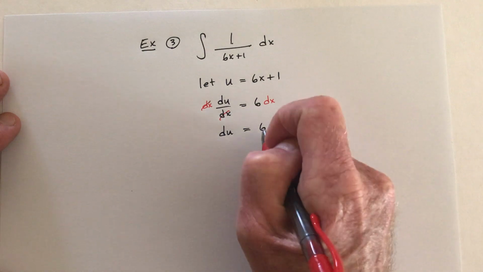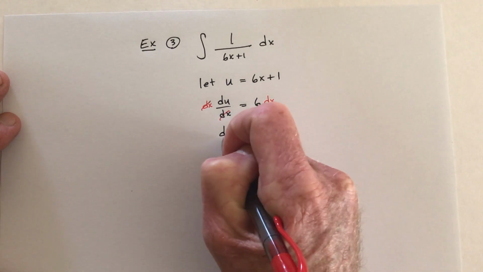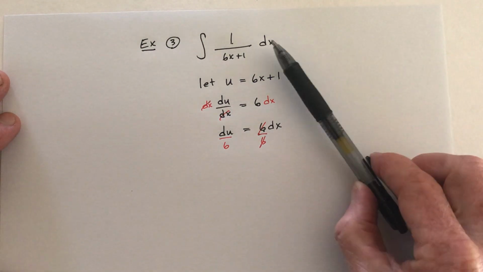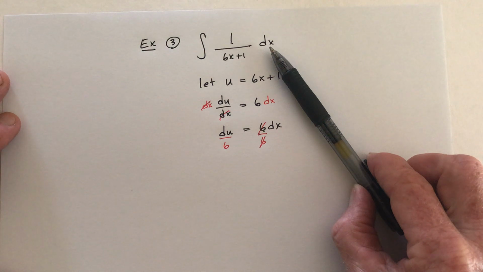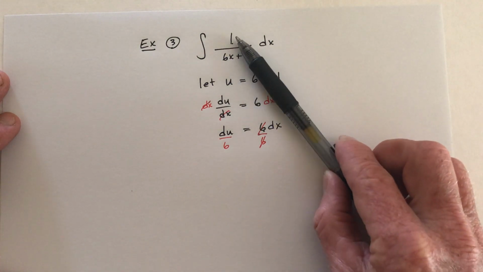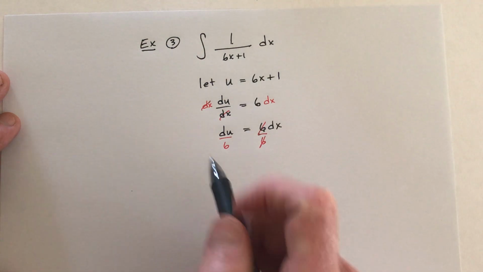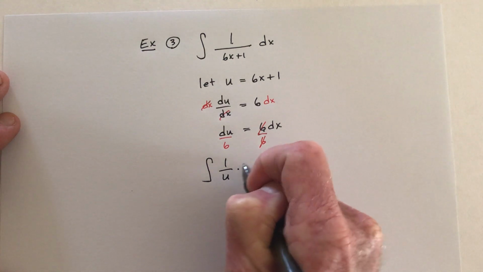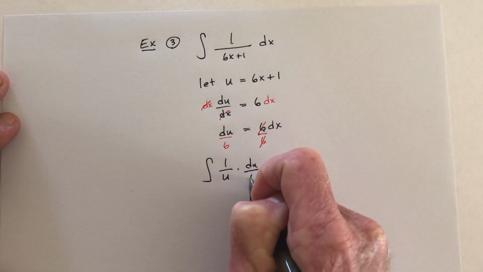So I need to eliminate that 6, either divide both sides by 6 or multiply by 1/6 on each side. So in the substitution, this is going to become du over 6, and this is going to be 1 over u. So I've got integrate 1 over u, and then du over 6.